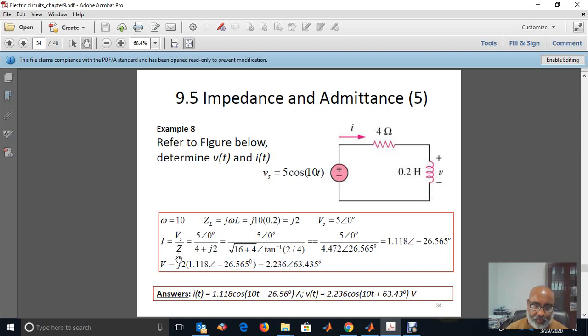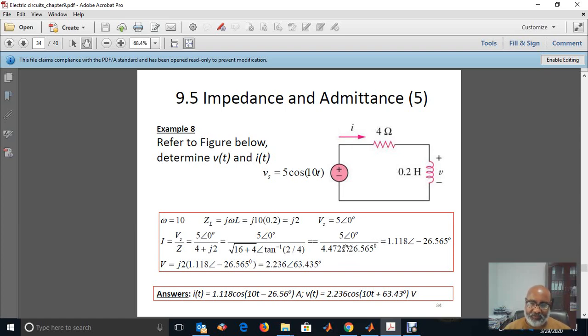And you know how to change to polar by using the square root of 4 squared plus 2 squared, 16 plus 4, at an angle of tan inverse of 2 over 4. And remember, polar form is better to use for division and multiplication, and for addition and subtraction, rectangular form is a better representation, because when we do addition and subtraction, we can add the real parts together and the imaginary parts together.